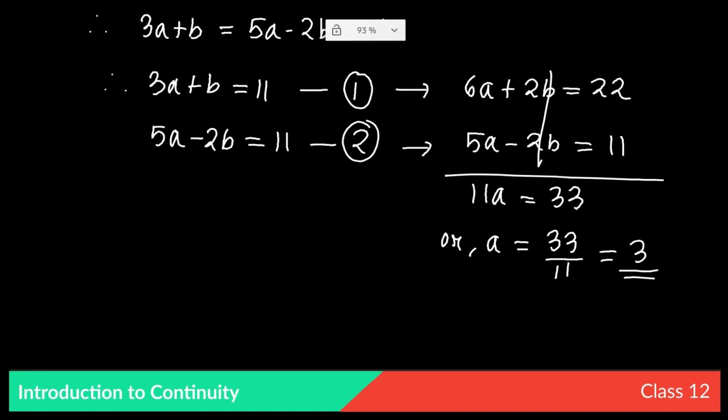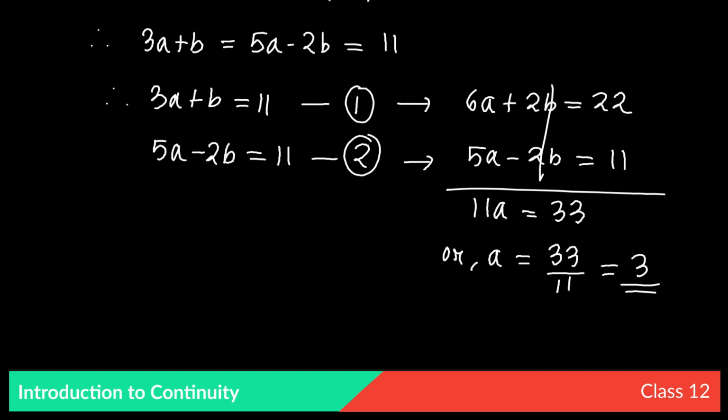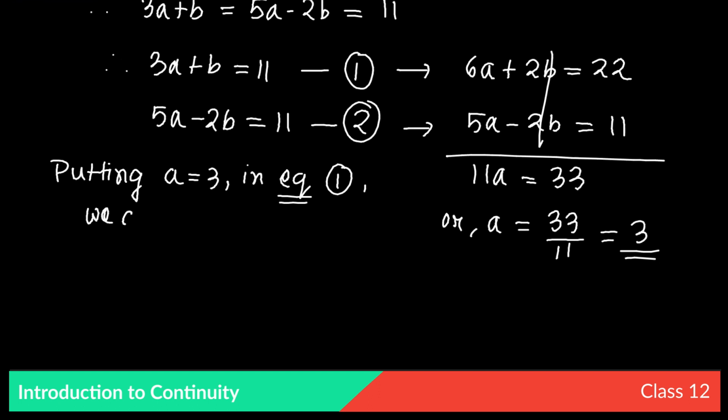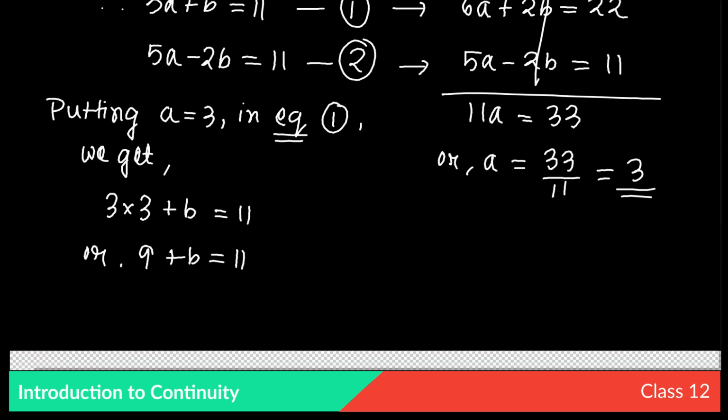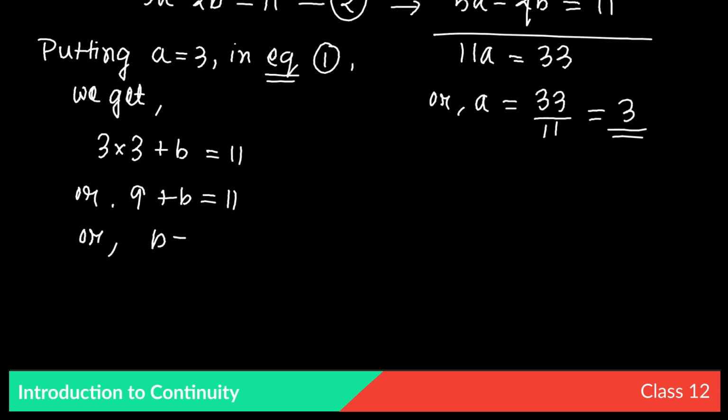Now putting a equal to 3 in equation 1, what do we get? 3 into 3 plus b equal to 11, so 9 plus b equal to 11. From this, b equals 11 minus 9, which is 2.